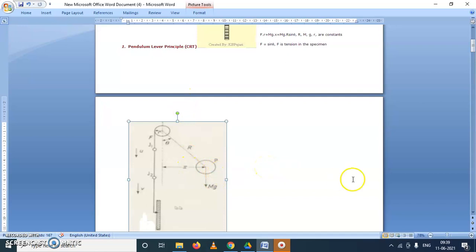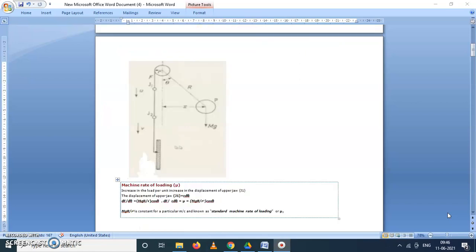Now the next thing, we will try to understand two terms. One is machine rate of loading and the other is time rate of loading. Now what is machine rate of loading? The increase in load per unit increase in displacement of the upper jaw is called machine rate of loading, that is force divided by displacement of the upper jaw.